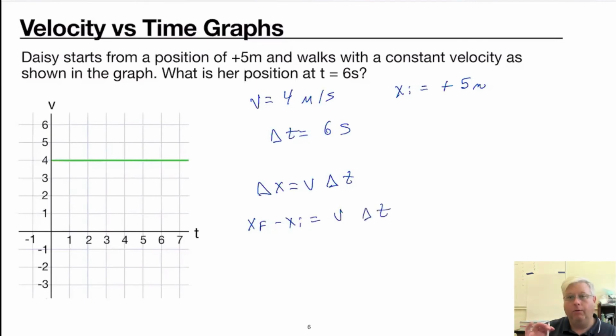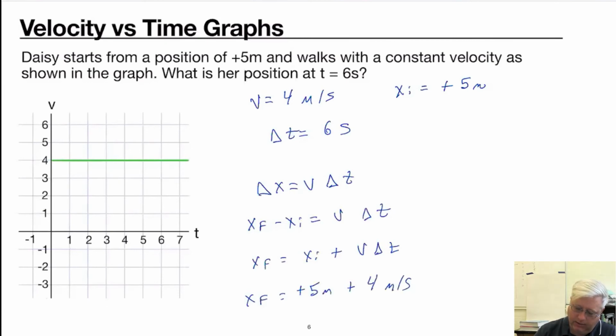And what are we looking for? We're looking for her position at 6 seconds. So if we solve for final position, we know her initial position is plus 5 meters. Her velocity is constant at 4 meters per second.